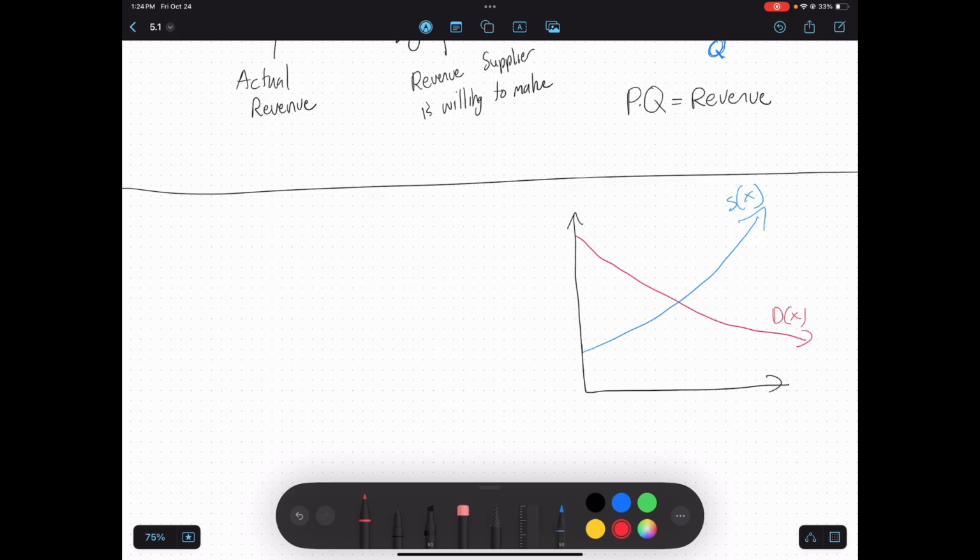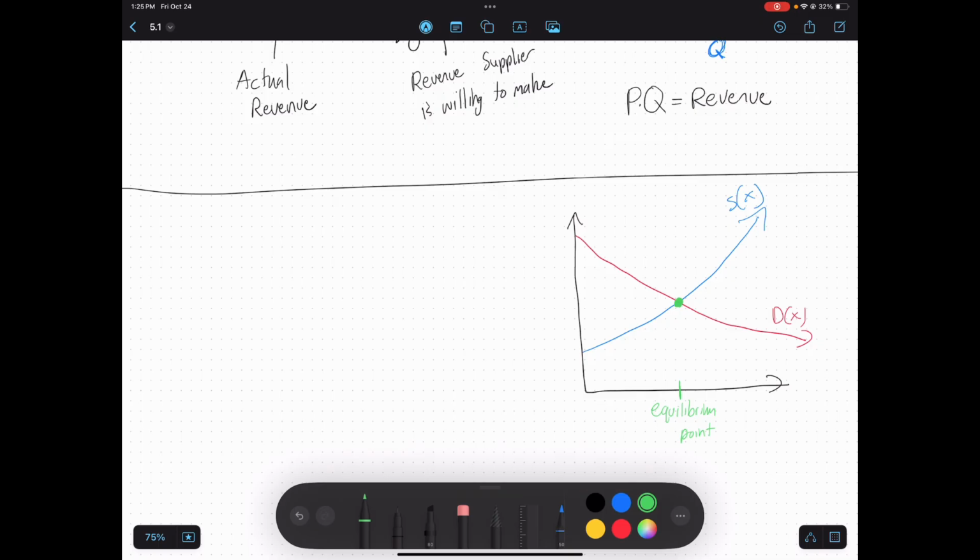Well, your mind's probably already drawn to it, but there should be a point where these two lines cross. And this point where the lines cross is called my equilibrium point. And this equilibrium point represents the optimal price or the optimal quantity you should try to sell in order to not only make your consumers happy, but also make your suppliers happy.